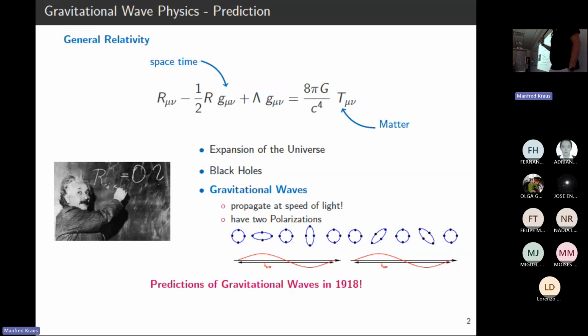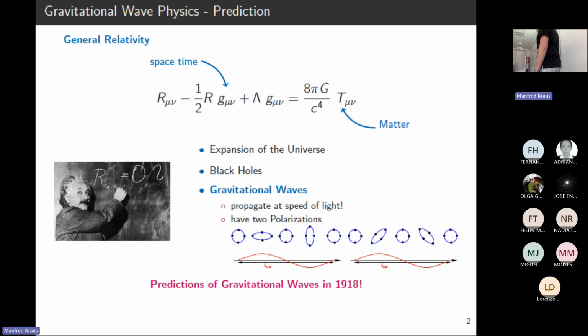And gravitational waves have very nice properties. For one, they propagate at the speed of light. And this already tells you, if you think of gravitational waves like electromagnetic waves, that they are mediated by some kind of particle, like the photon, and that corresponding particle has to be massless. Otherwise, it will never be able to travel at the speed of light.